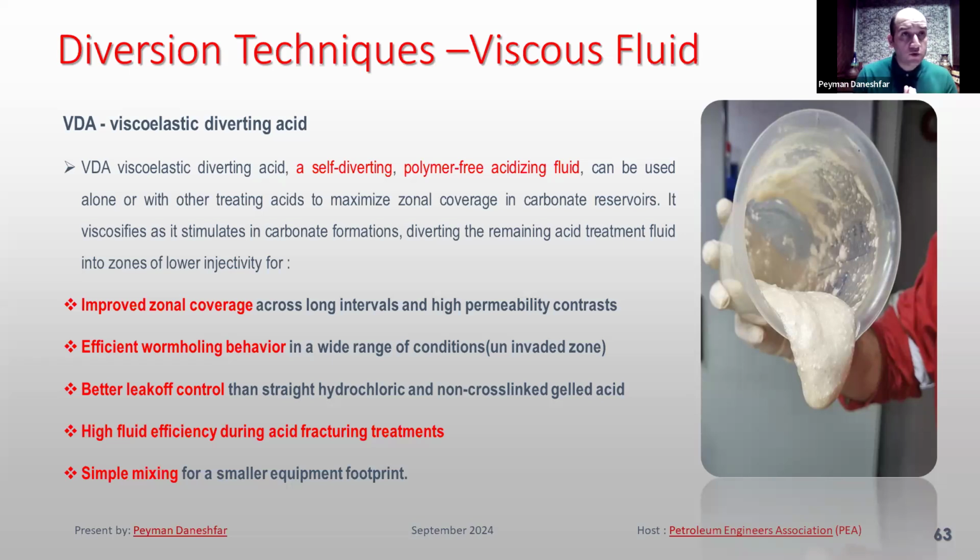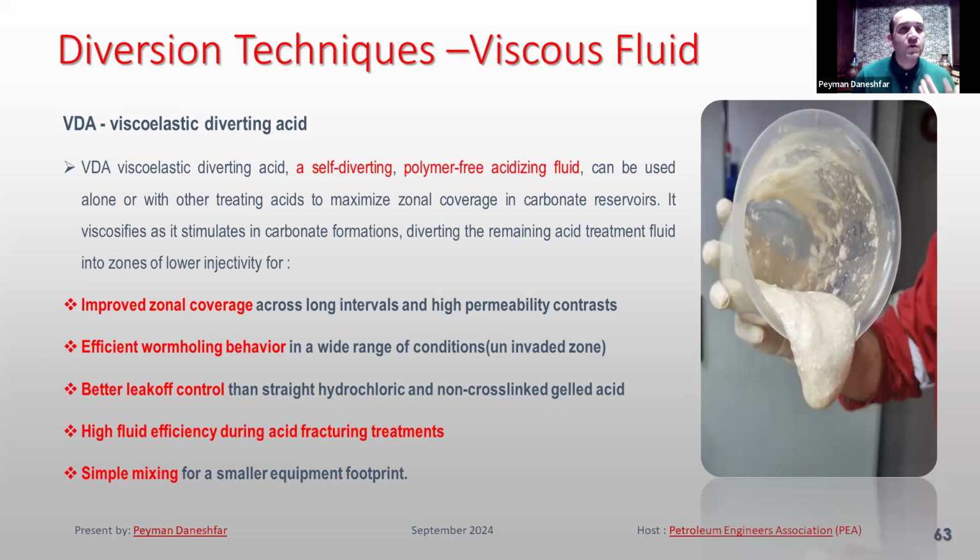Better leak-off control. This is important for us, absolutely, in fracture acidizing, and another is high fluid efficiency during acid fracturing treatment, and simple mixing for a smaller equipment footprint. For the VCA viscosity control, you know, if you forget the powder additive, maybe you damage your zone.